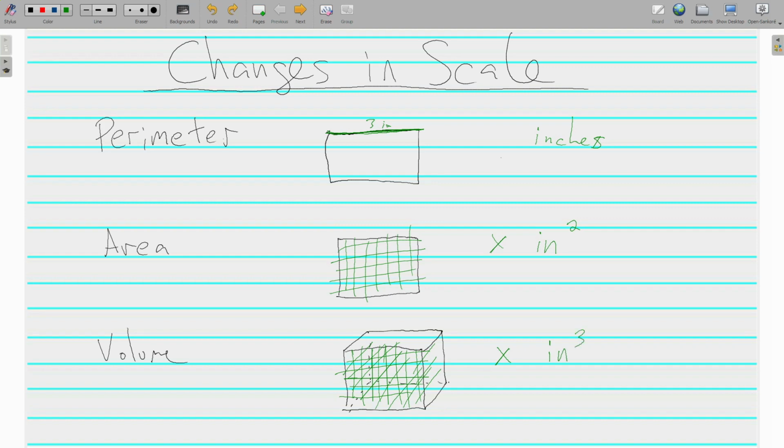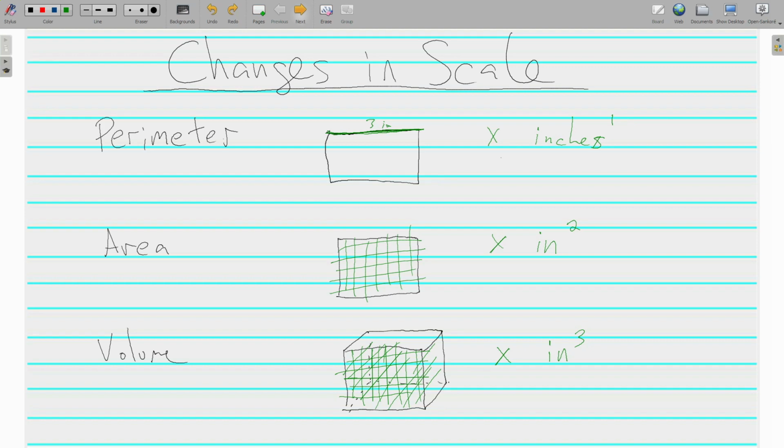Three-dimensional, it's inches cubed. Whatever the volume of this shape is, we would say it's 100 inches cubed. Volume is three-dimensional, area is two-dimensional, and inches is one-dimensional. There's only one way it can be measured. That's going to be important for us figuring out what our changes in scale look like.